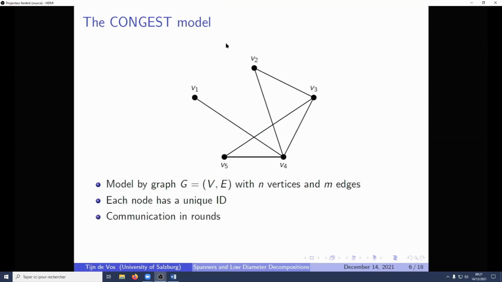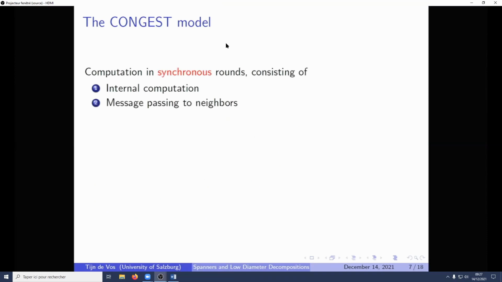We do communication in rounds, where in each round there's unlimited internal computation and message passing to the neighbors. Those messages have a bandwidth constraint of log n bits, which gives the name CONGEST. This means you can send a constant number of node IDs or edges to your neighbors in each round.